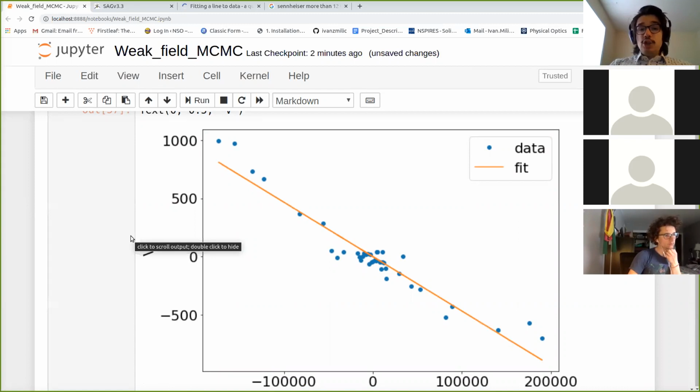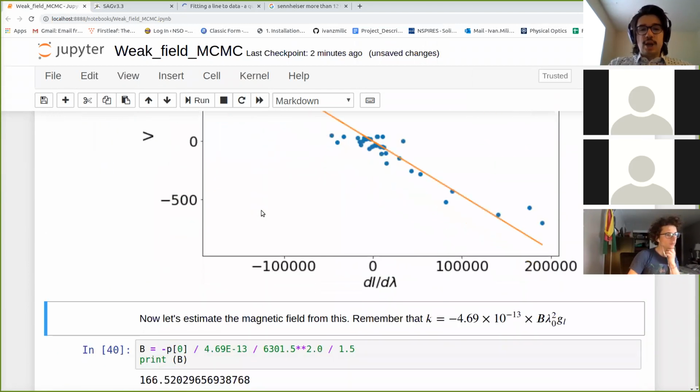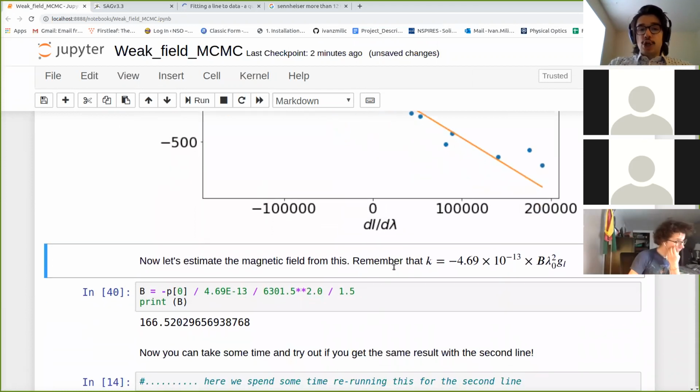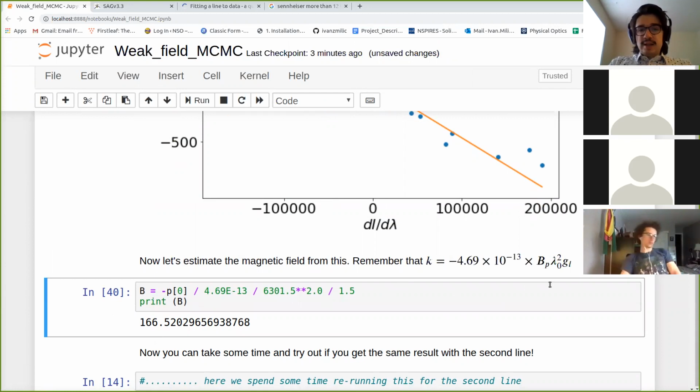So we managed to fit the data with something linear, but what we don't know yet is what is the magnetic field. Well, we find the magnetic field from the relationship. So the slope was what? Minus 4.69 times 10 to the minus 13 times magnetic field. This is parallel magnetic field, so I'm going to call it BP, for example, times lambda squared times lambda factor.